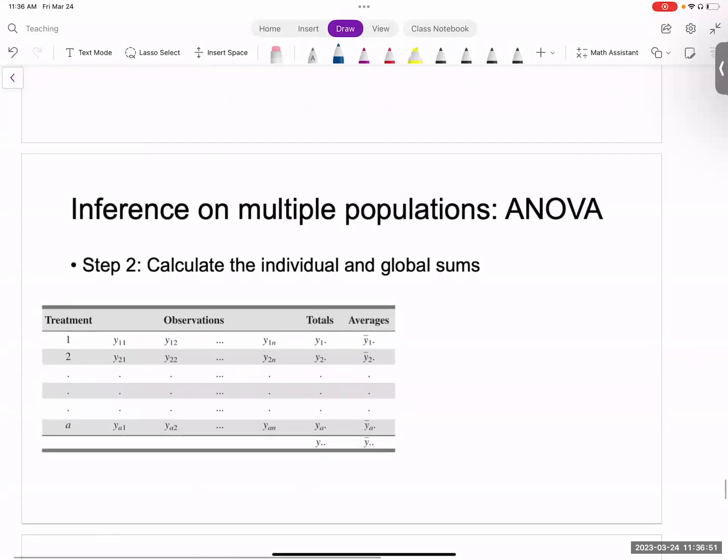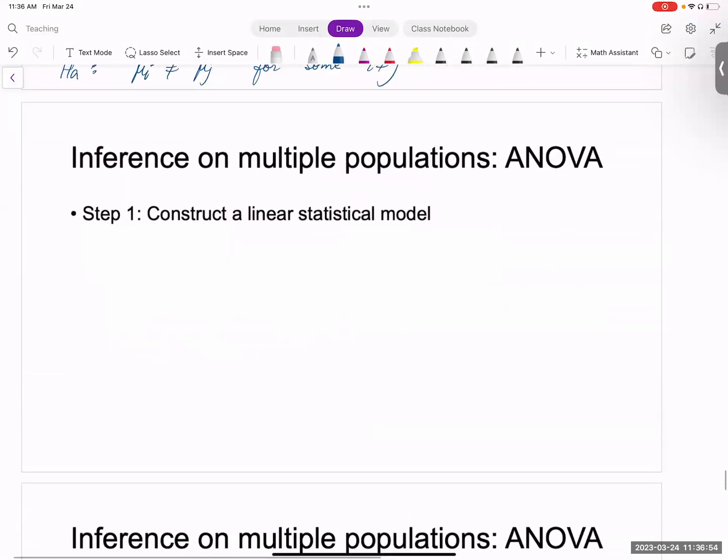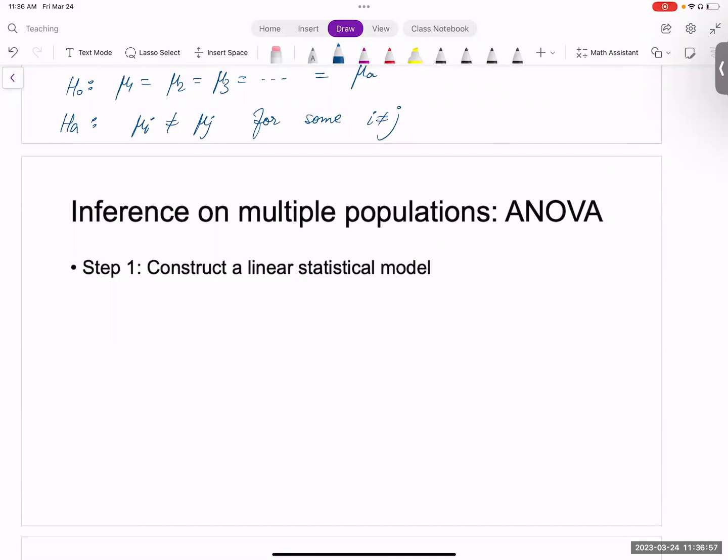To perform Anova, or hypothesis testing on multiple population means, we typically take a 4 to 5 step process. The first step is to construct a linear statistical model, where you basically say that every data point Yij is composed of a fixed mean, which is mu0, plus there is some variability from treatment to treatment, from group to group, and that is captured by this tau i, and then everything else is thrown into an error term.